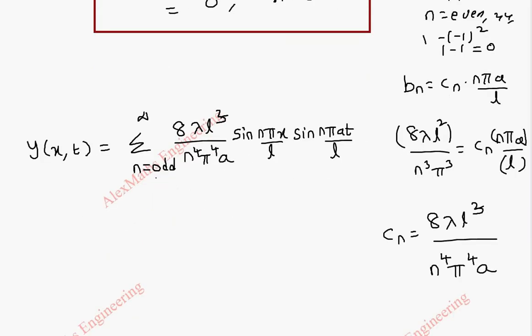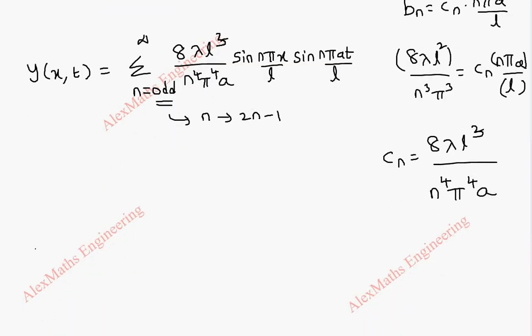Now to change this odd n to 1 to infinity, every n is replaced as 2n minus 1. So now we get the final solution, y of x comma t equals, the constants 8 lambda L cubed by pi power 4 a are taken out.